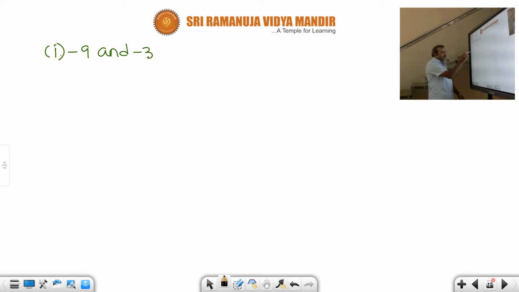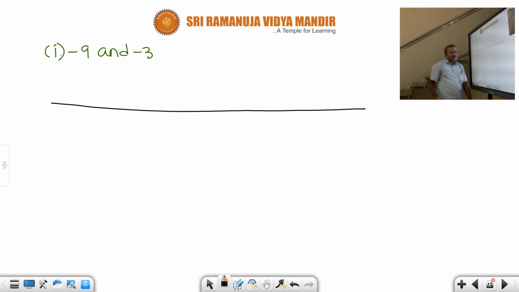Simple. See here. If you observe the number line like this, as I told you in the beginning about the representation of integers on a number line. So this is 0. Next, -1. Here it is -2.